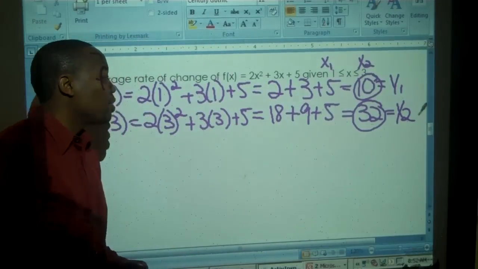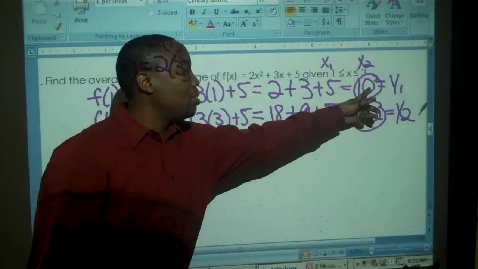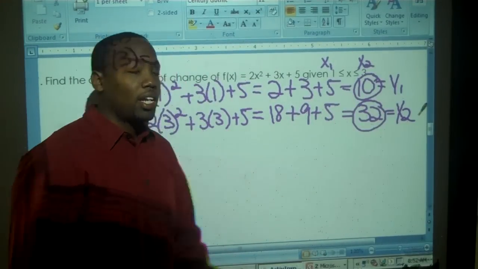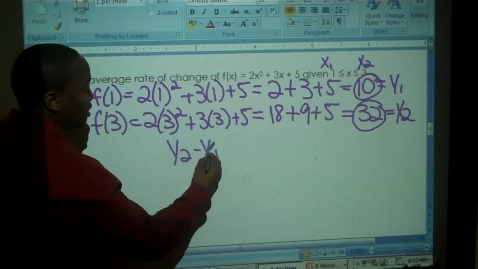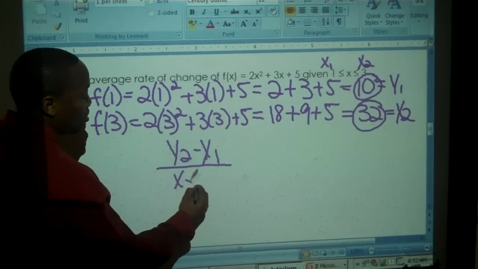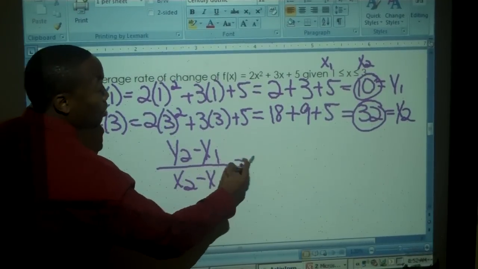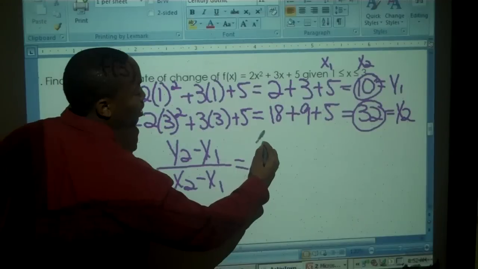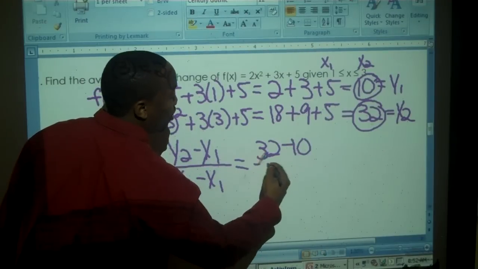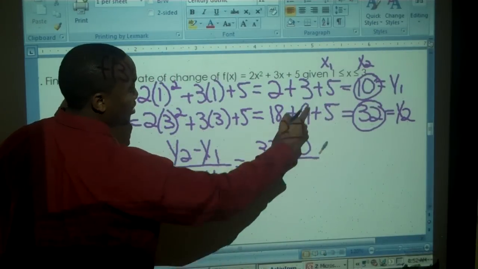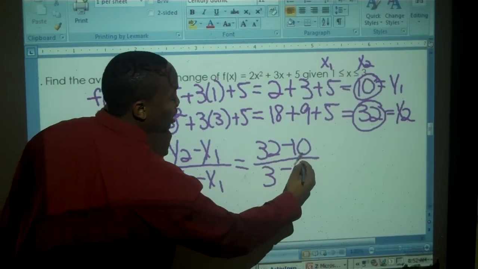Right? So now we take these two answers, and we plug them into our slope formula. So that's going to be y2 minus y1 over x2 minus x1. So my y2 in this situation is going to be 32 minus my 10, over my x2, which would be 3, minus 1.